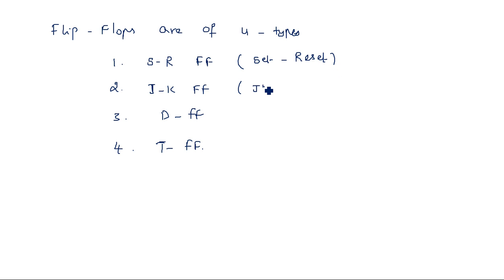JK stands for Johnson and Kelby. D stands for data or delay flip-flop, whereas T means toggle. Toggle flip-flop means every time it changes, 1 0 1 0, toggling. That is the meaning of toggle.